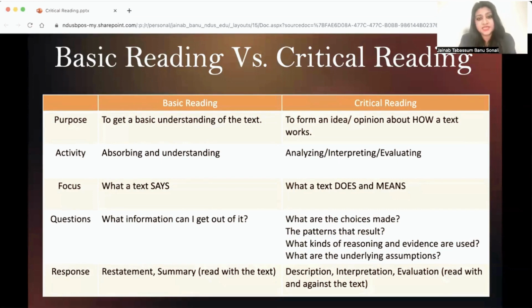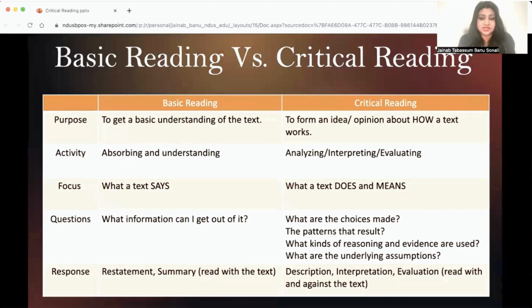So the activity of basic reading is to absorb the text and understand the message, just like meditating, you're just reading it, you're understanding it, you're just devouring the information, the knowledge. But when you critically read, you analyze, you interpret, and you evaluate a text. So these are all different things.